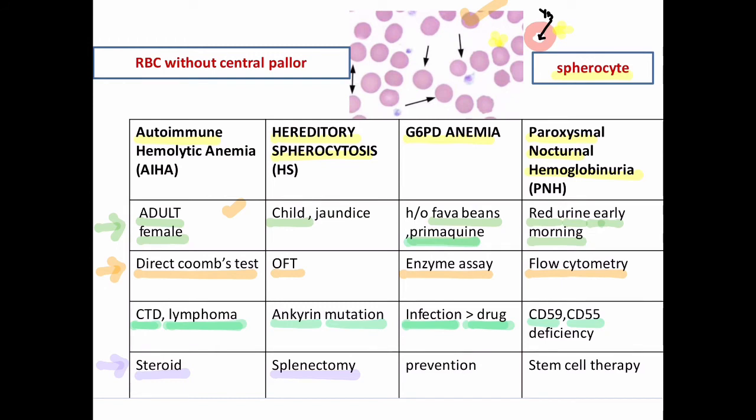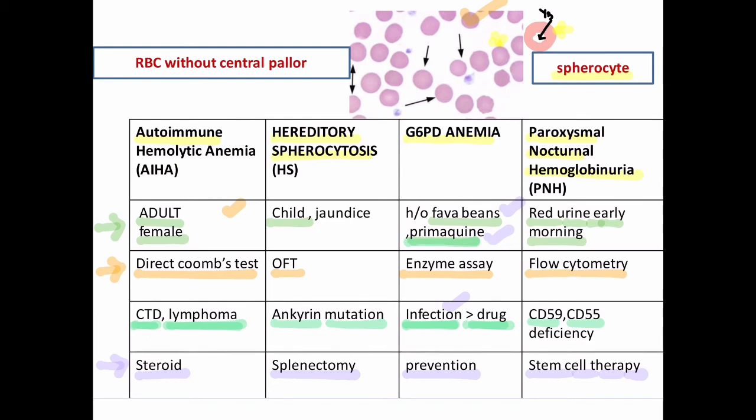For G6PD anemia there is no treatment, we don't have enzyme replacement therapy, so what we can do is only prevent this situation by preventing the patient from taking fava beans, primaquine, other drugs which can cause hemolysis, and preventing him from infections. Prevention is the only resort here. And the last disease, PNH, we give stem cell therapy so that they can have GPI anchor protein on the surface. So these four are the treatments of choice.